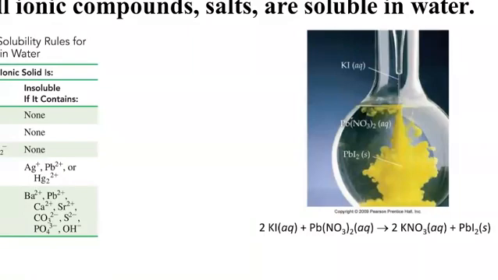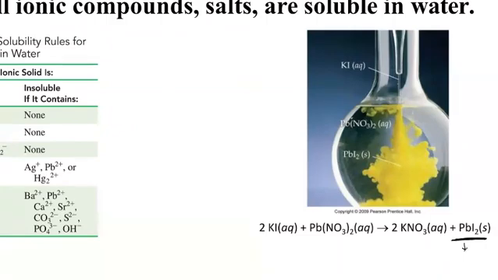Here in this image, potassium iodide is being added to a solution of lead-2 nitrate. Potassium iodide is soluble in water. Lead nitrate is soluble in water, but when you combine them, they create this product, the lead-2 iodide. And as you can see, it has an S in the corner.